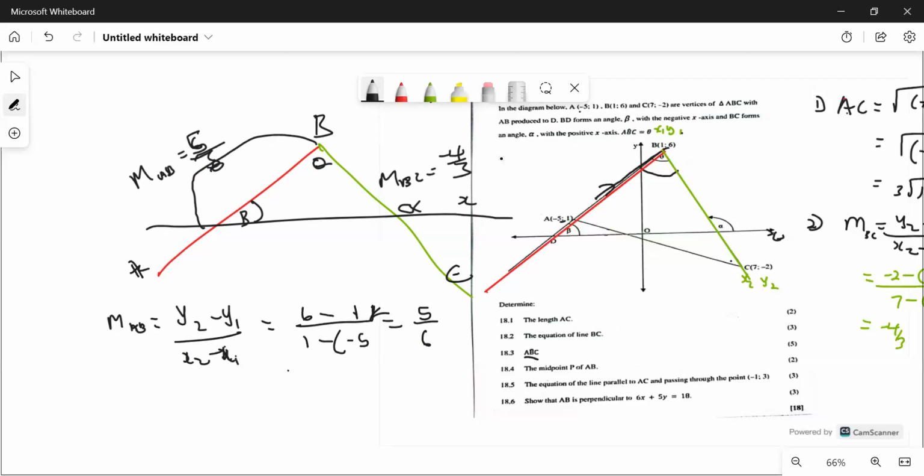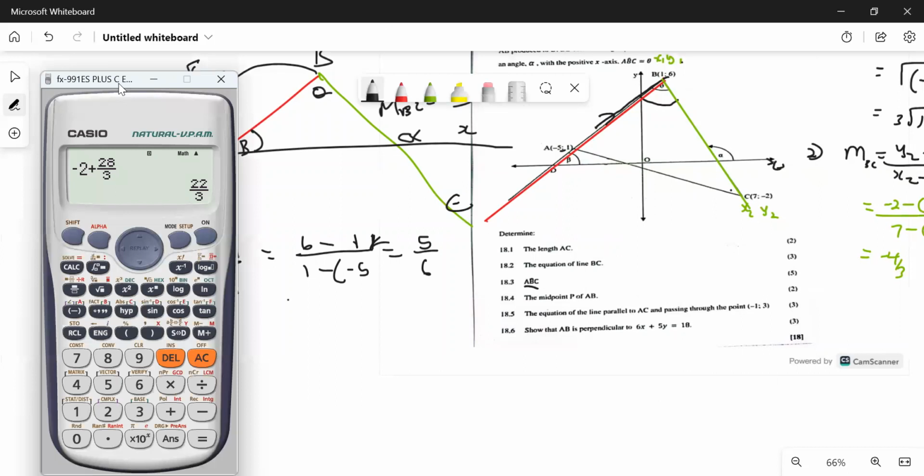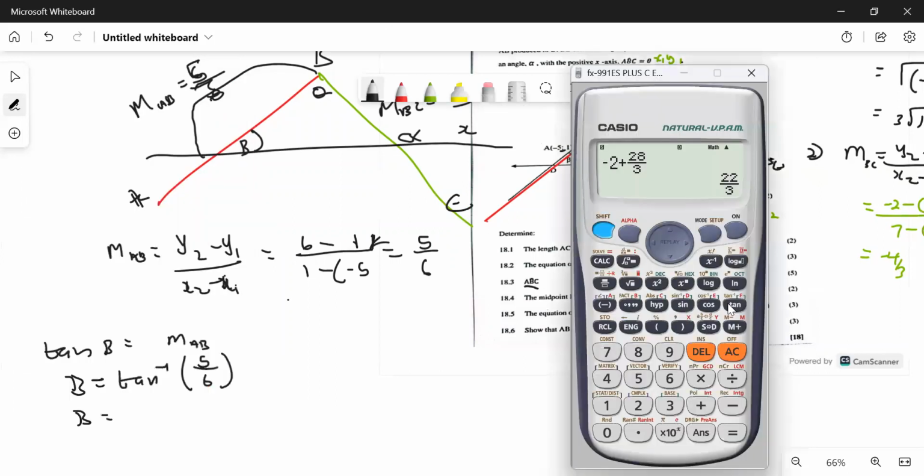Now we're going to use these two to get beta and alpha. So first, let's get beta. We're going to say the tan of beta is going to be given by M of AB. Then beta is going to be given by the tan inverse of 5 all over 6. Go to your calculator, press shift tan, and then 5 all over 6 again.